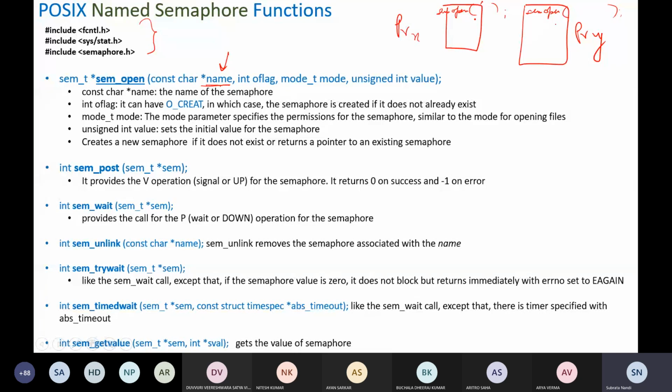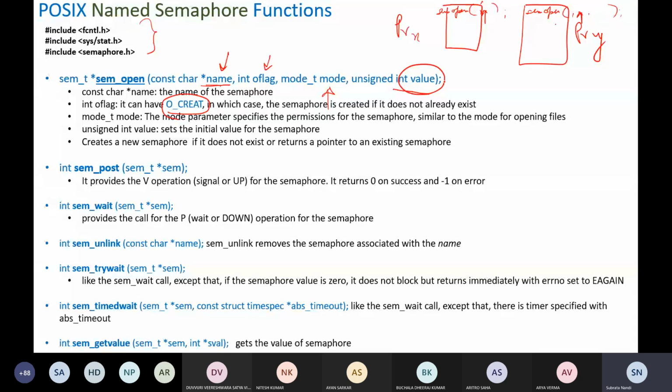It is something like shared memory. So int oflag should be set to O_CREAT. That means if you are in creation mode, if you would like to create, you should set it to O_CREAT, and it will be the same for both. The third is the mode, the access permissions, whether you would have write access or only read access and so on. The unsigned value is the value that the semaphore will be initialized to.